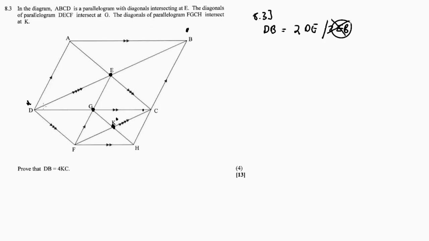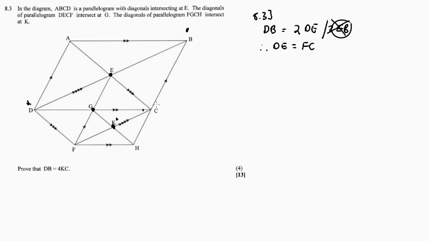Now, you see DE is also the opposite side length, the side length for this parallelogram DECF. Therefore, DE is equal to FC. DE is equal to FC.